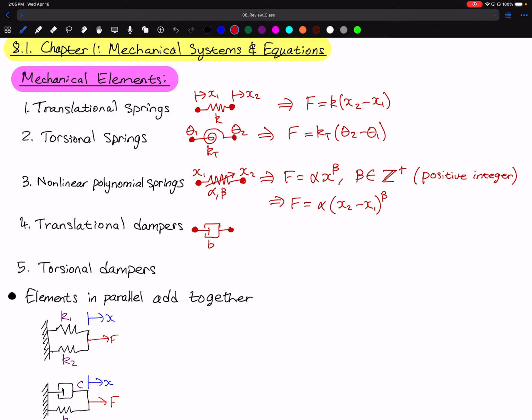The key thing is that the parameter assigned to that damper is its damping coefficient. We'll say x1 dot on the left, x2 dot on the right, because it depends on the relative velocity across that damper. So in this case, this force is going to be equal to B times x2 dot minus x1 dot.